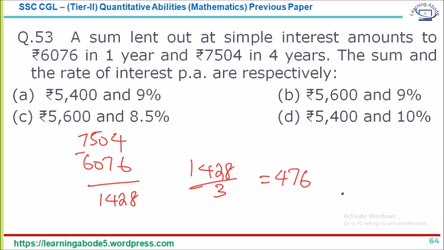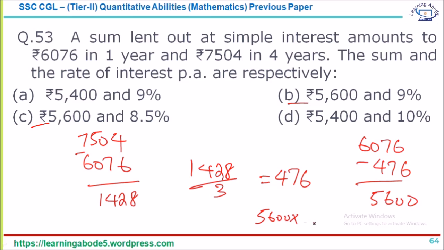So first year, 6076 minus 476, it is 5600. So 5600 is the sum. So it could be option C or B. Now 5600, so what percent of it, 5600 into R percentage, that's equal to 476.